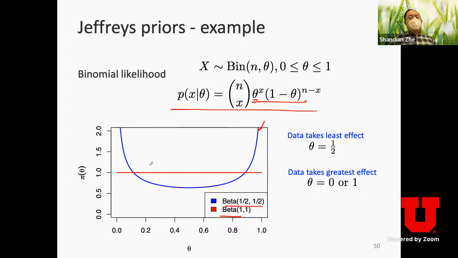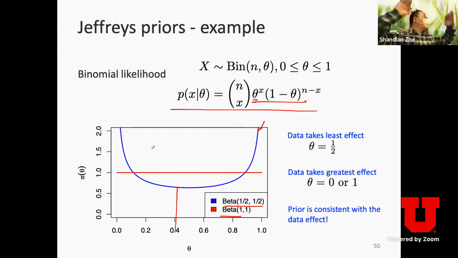You can see that the Jeffreys prior is consistent with the data effect. When the theta value is in the middle, at half, it has the smallest stress, little stress on the density. Only when theta gets close to the two extremes does it have the largest effect. So you can see the consistency between the prior and the likelihood.